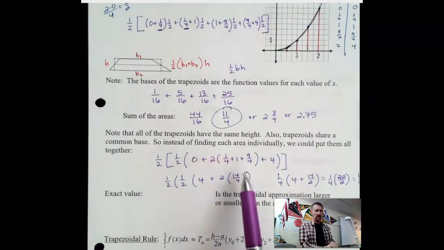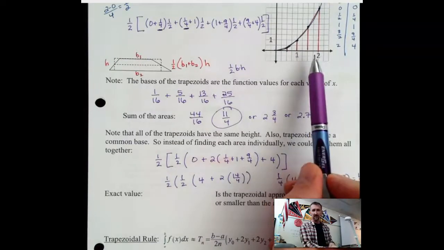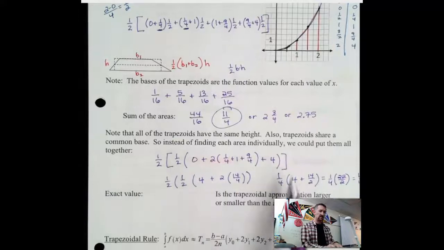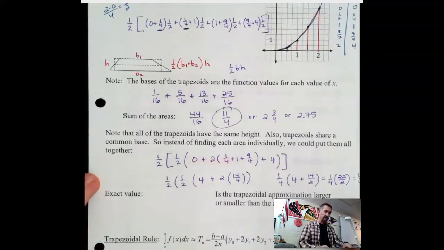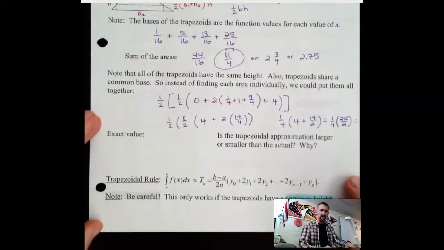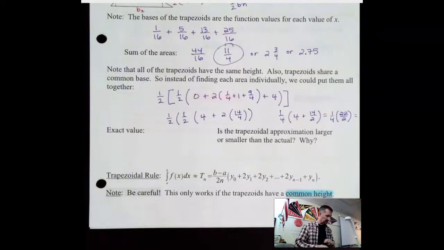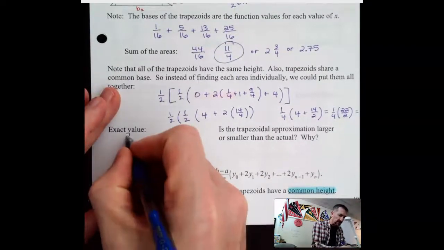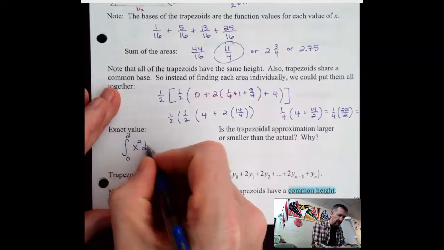Now that only works if those gaps are equal. If those gaps aren't equal, then this formula is not going to work. So if we look at the exact value, the exact value is going to come from the integral from 0 to 2.